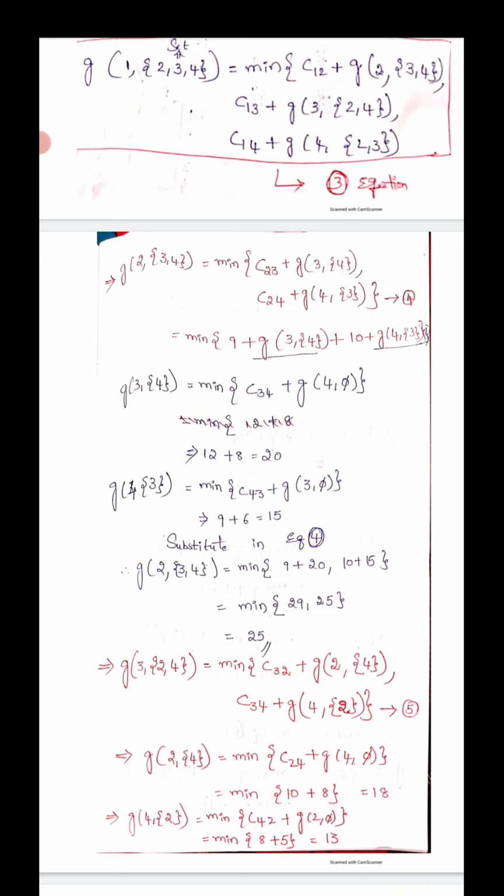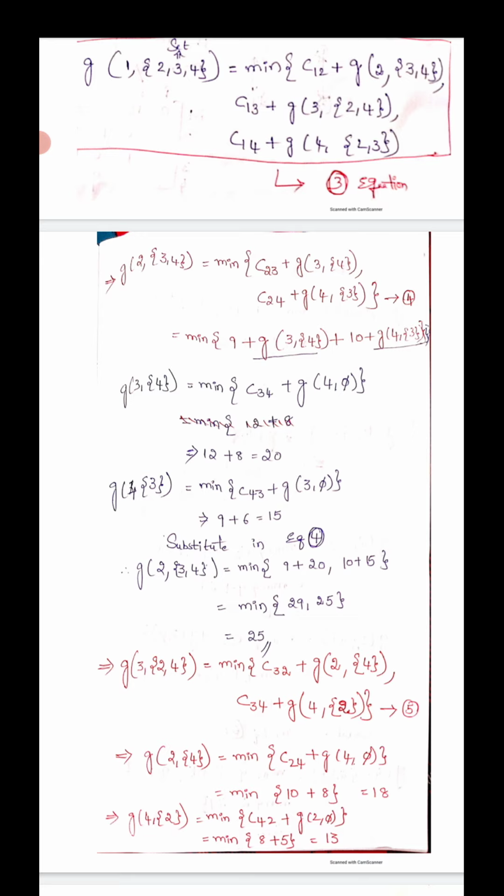4. Next we apply like this. By using equation 2 we need to find this. C suffix ij, I equal to 3 and j equal to 4, plus g of j, in the sense 4 comma set 2 comma 4 minus j, in the sense 4 gets cancelled, remaining 2 is there. This is equation number 5.